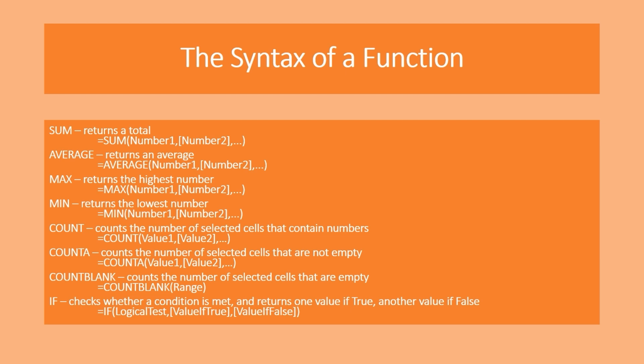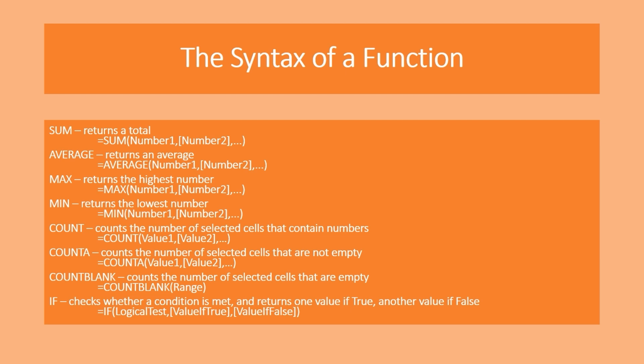And then at the very bottom, we have the IF function. We're going to calculate 2 different bonuses for our salespeople using the IF function. It checks whether a condition is met and returns one value if the condition is true and another value if false. So its syntax is, the first argument is logical test.